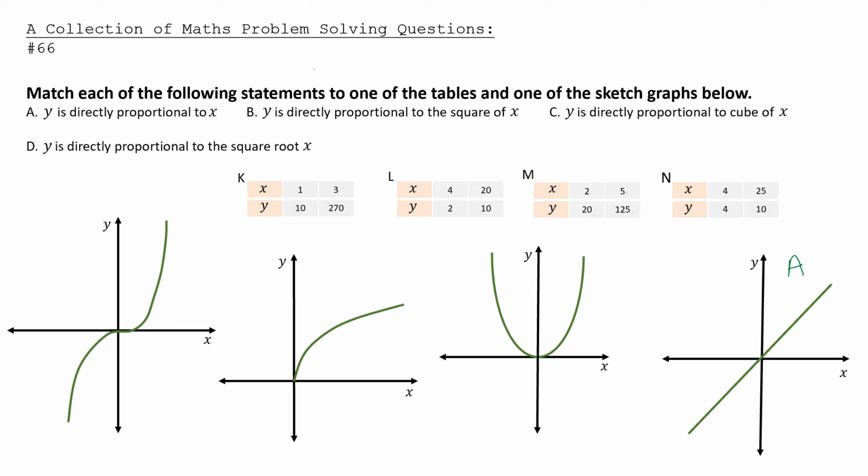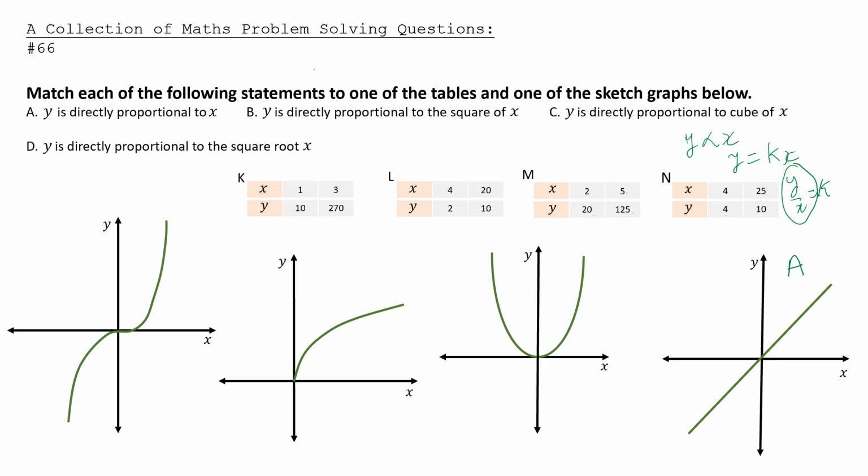If y is directly proportional to x, it also means y equals kx, where k is a proportionality constant, and so k would be y out of x. So we have to find which of these tables has y out of x constant. Let me see.